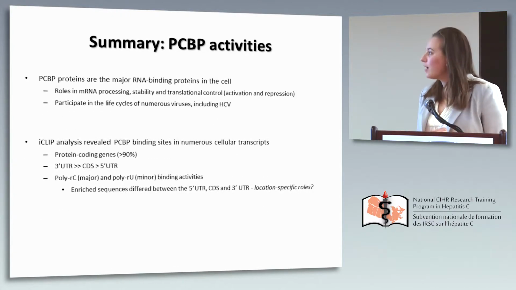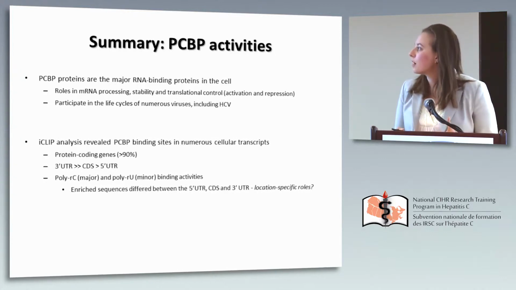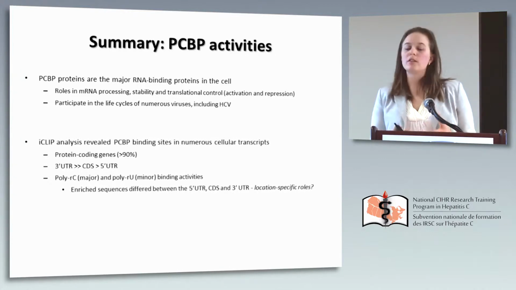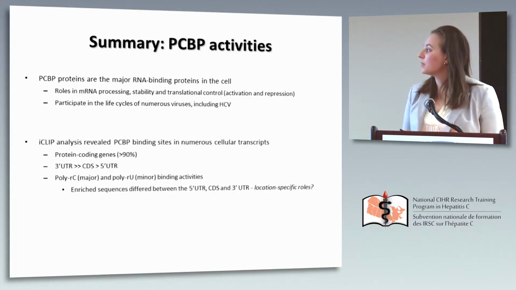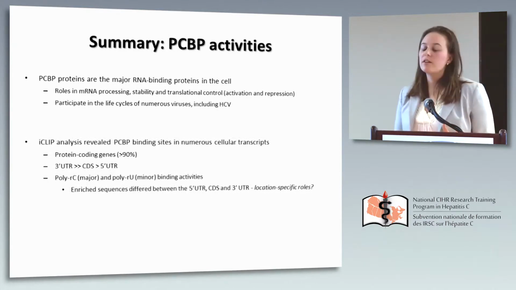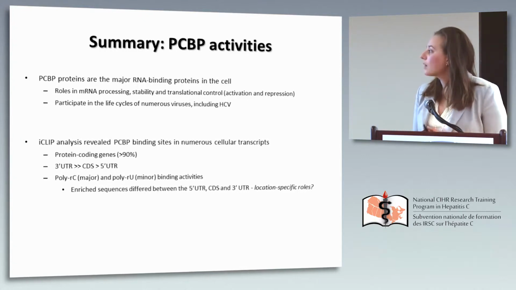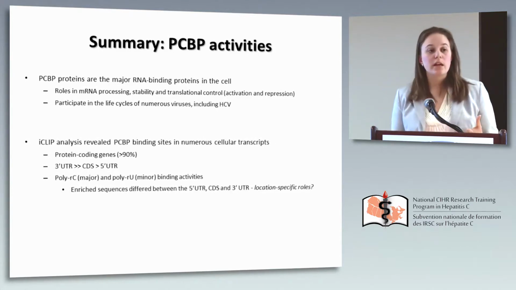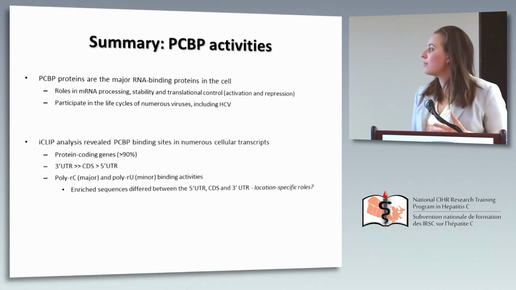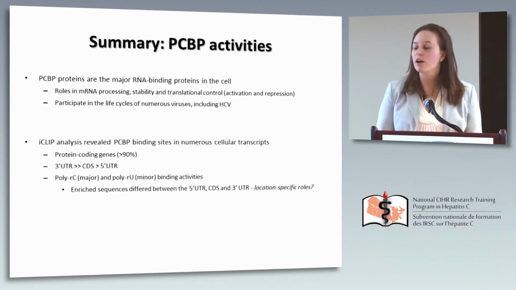So in summary, we know that the PCBP proteins are major RNA binding proteins in the cell. They have roles in RNA processing, in translational control, and RNA stability. And they participate in the life cycles of numerous viruses, including hepatitis C virus. Our iCLIP analysis revealed that PCBP binding sites were in numerous cellular transcripts, and the majority of them were protein-coding genes, and primarily in the 3' UTRs.